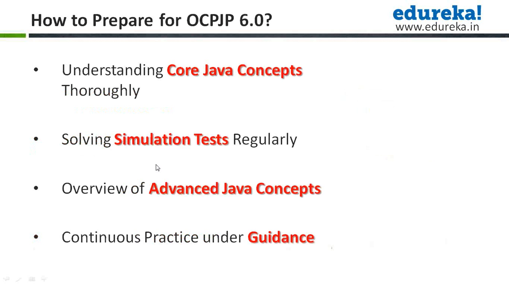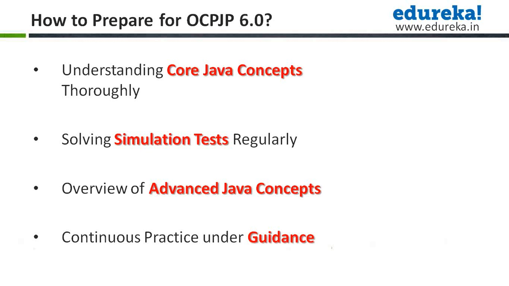Moving on, I come to how to prepare for OCPJP 6.0. First of all, understand core Java concepts thoroughly, because this OCPJP course includes the core Java concepts. You should be very thorough with these concepts so that you can easily clear this examination. Second, solve simulation tests regularly.